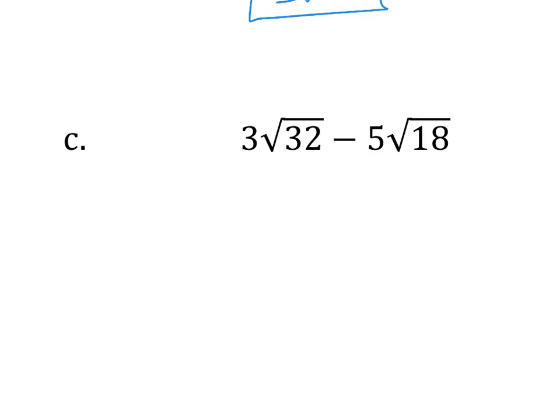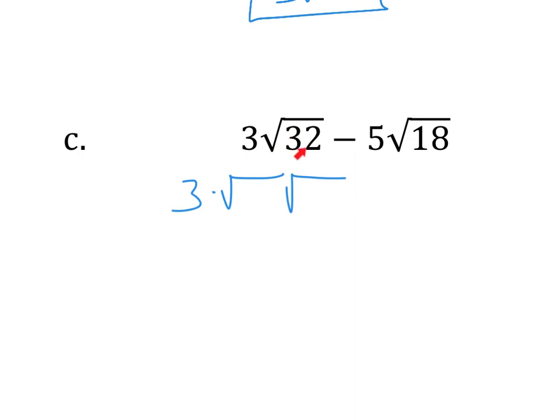All right, how about this? Well, we've got this 3 hanging out here. And so we're going to simplify this, but this 3 is just going to kind of come along for the ride. So I'm just going to write that out there. Let's break up the square root of 32. Is there a perfect square that goes into 32? Think through it. Does 4 go into 32? Yes. Does 9?